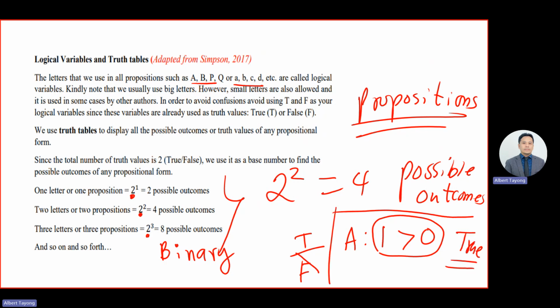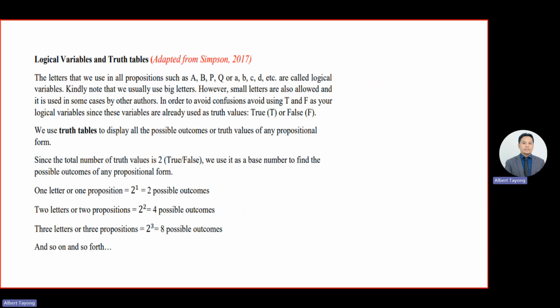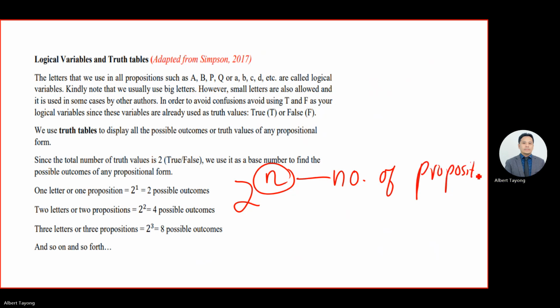But there are 2 possibilities every time, but there is only one answer. So the formula is 2 raised to the power of n. N here is the number of propositions or the number of statements.